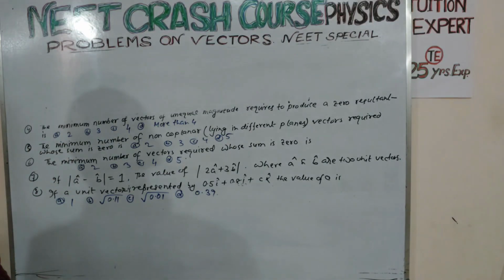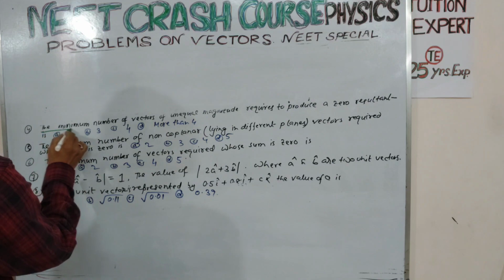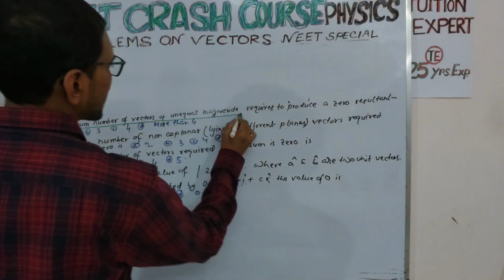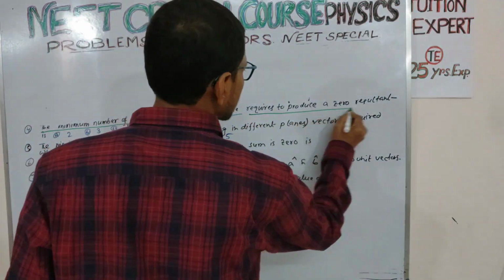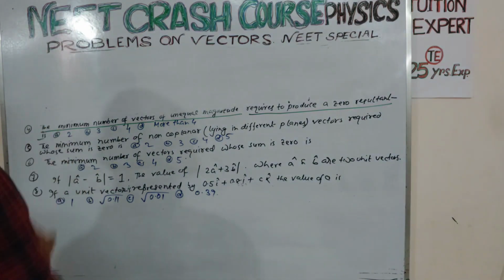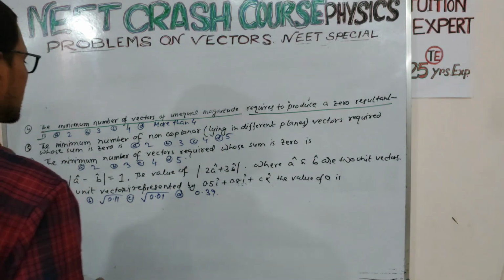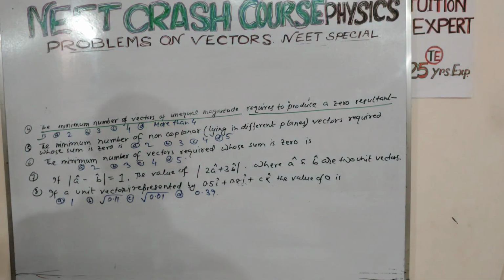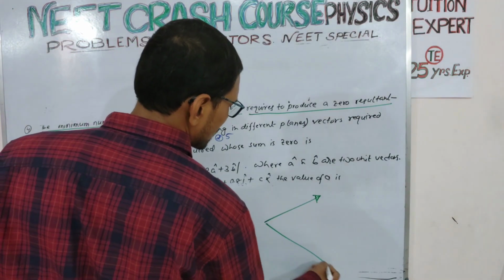The minimum number of vectors of unequal magnitude required to produce a zero resultant is 2, 3, 4 or more than 4. Coplanar vector.